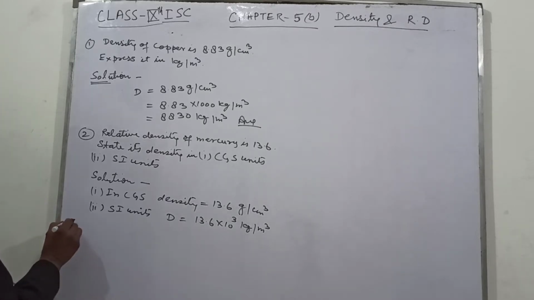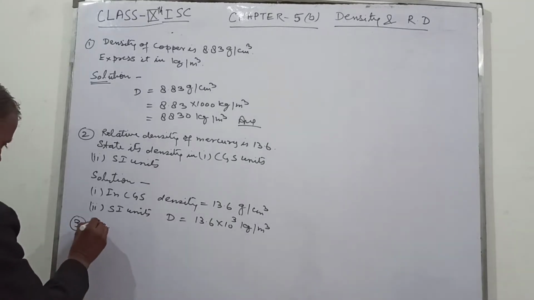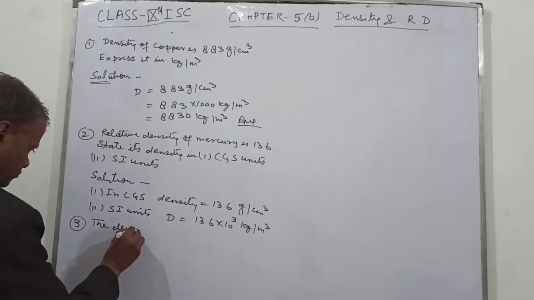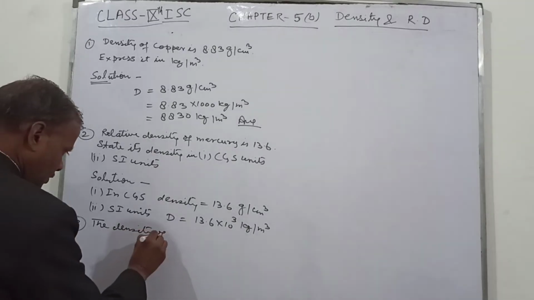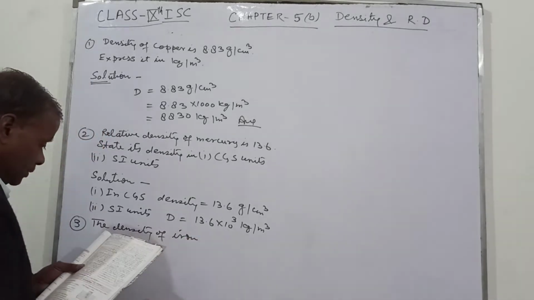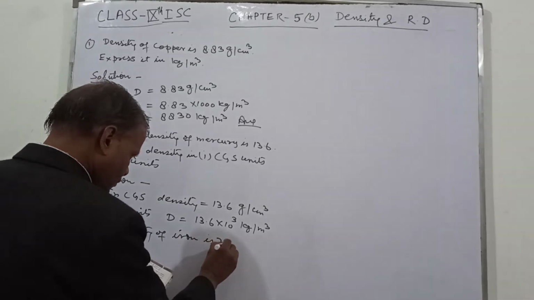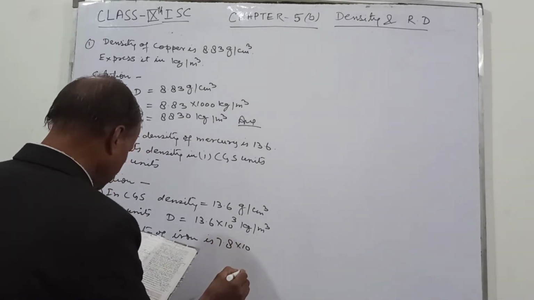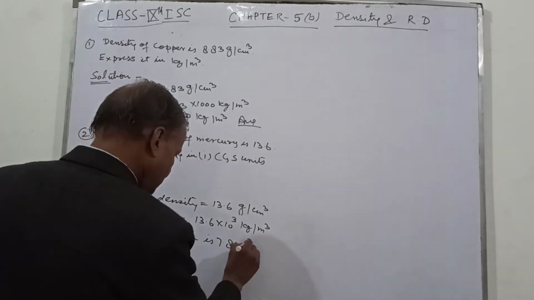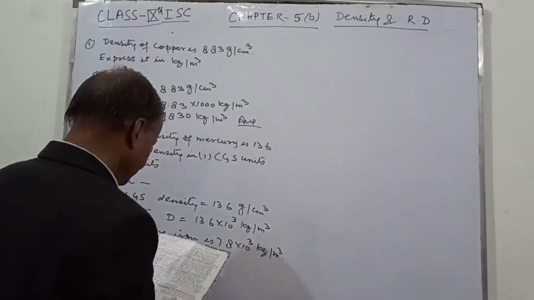And now question number 3. The density of iron is equal to 7.8 into 10 raised to the power 3 kilogram per meter cube.